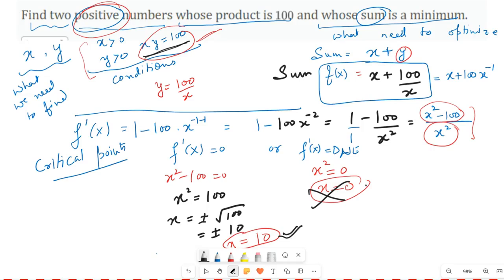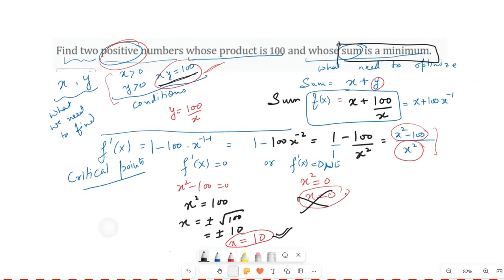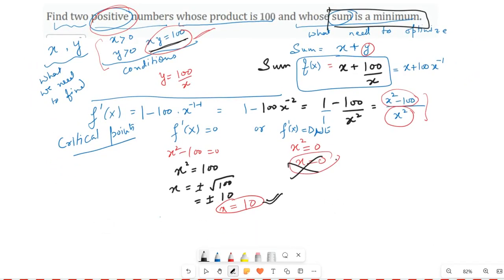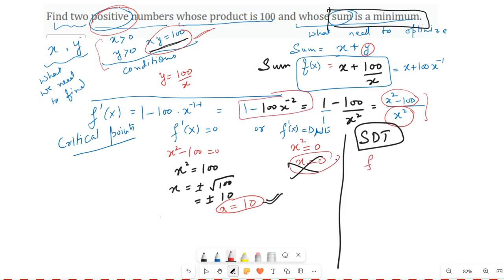Now all we have left to do is to check that the sum is minimum at x is equal to 10. How do we do that? For that, we are going to use the second derivative test. For the second derivative test, I am going to use my first derivative and differentiate it one more time to find the second derivative.